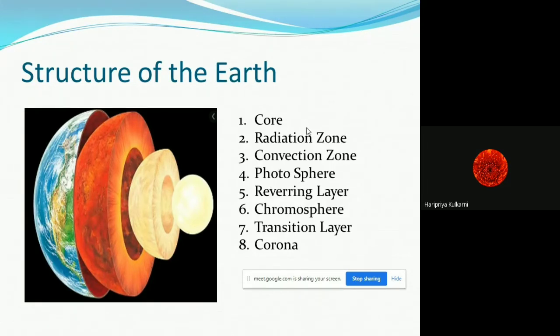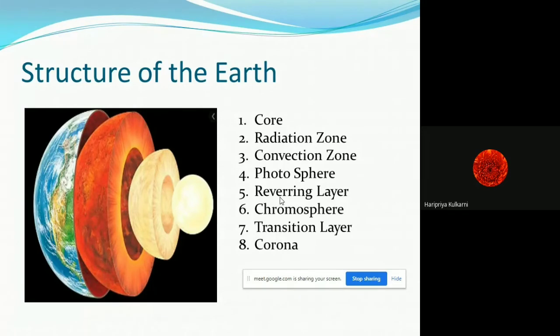The next layer is the reversing layer, where the temperature starts rising across the layer. It is a very big layer, several hundred kilometers in length, and hence it is called the reversing layer.